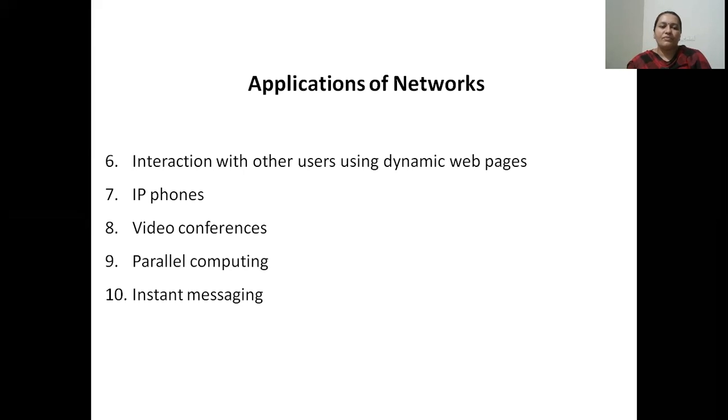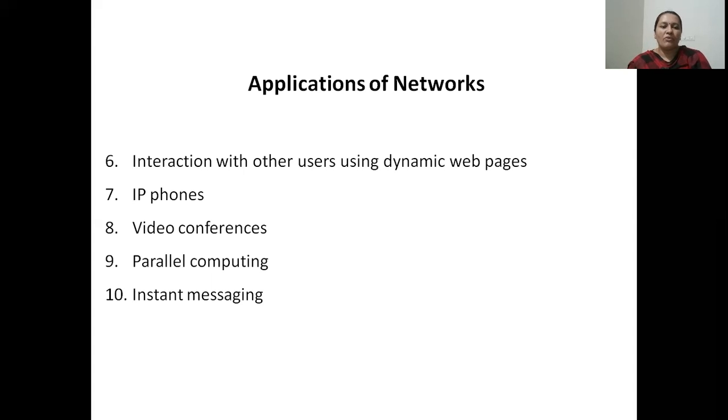So instead of one computer solving a complex task by taking huge amount of time and computing resources, we are sharing the workload to the different computers which are available on the network, and we are accomplishing the job at a faster pace. And also we are saving on the need for expensive computing resources.